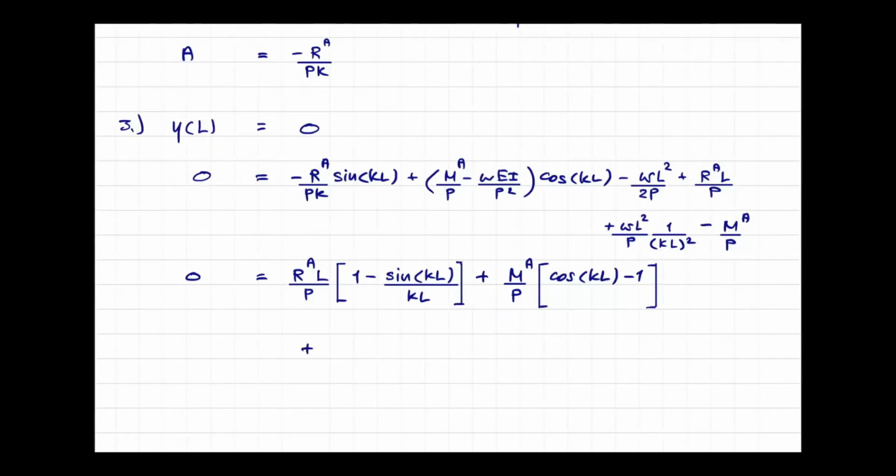Plus WL square over P. Actually, there's some reason behind. RAL over P, what is the unit? It is in the length scale, right? MA over P in the length scale as well. WL square over P in the length scale, right?